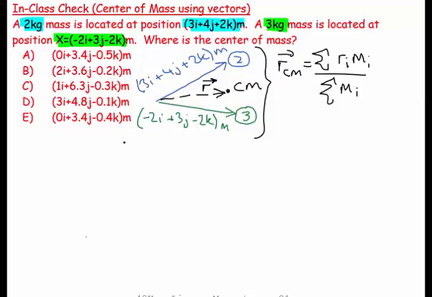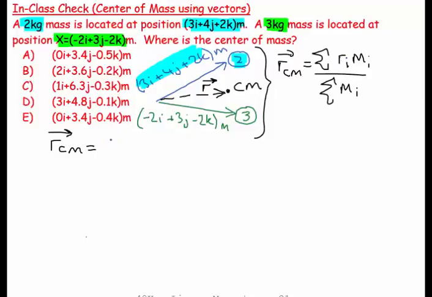So if I look here, I can write this out longhand and say our center of mass is equal to, and we just go through them one at a time. Here's my first vector, and this is going to be not 3i, but 2 times that, because it's mi times ri.